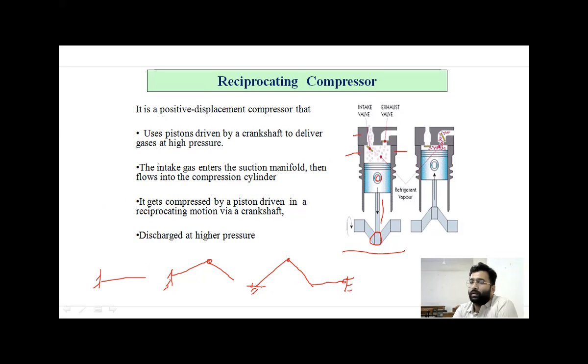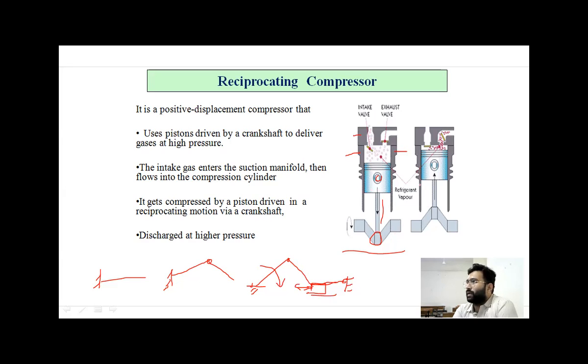The link here is replaced by the piston, and then there is a cylinder. The piston reciprocates inside the cylinder. This is a crank which rotates. So this is the basis of the piston cylinder assembly, which comes from theory of machines.